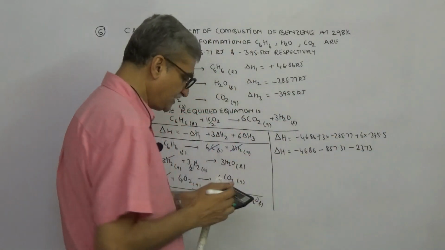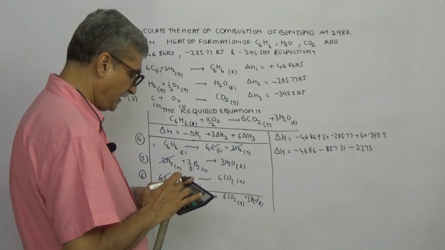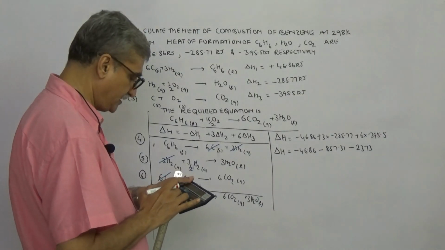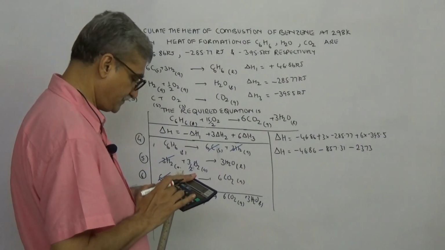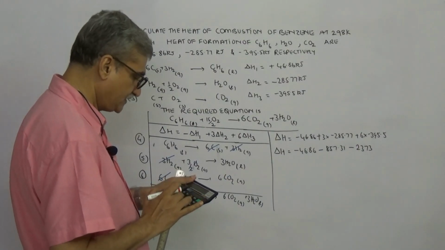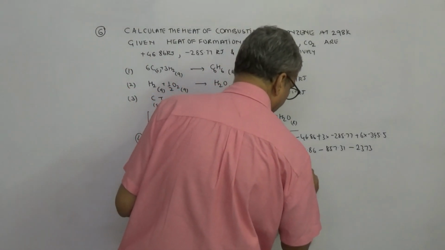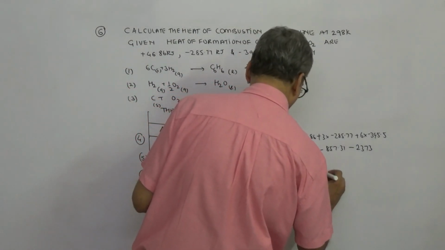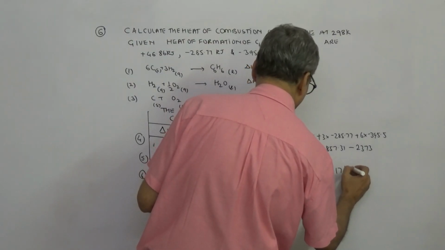Now everything is minus, we simply have to add 2373 plus 857.31 plus 46.86. So delta H value therefore will be minus 3277.17 kilojoule.